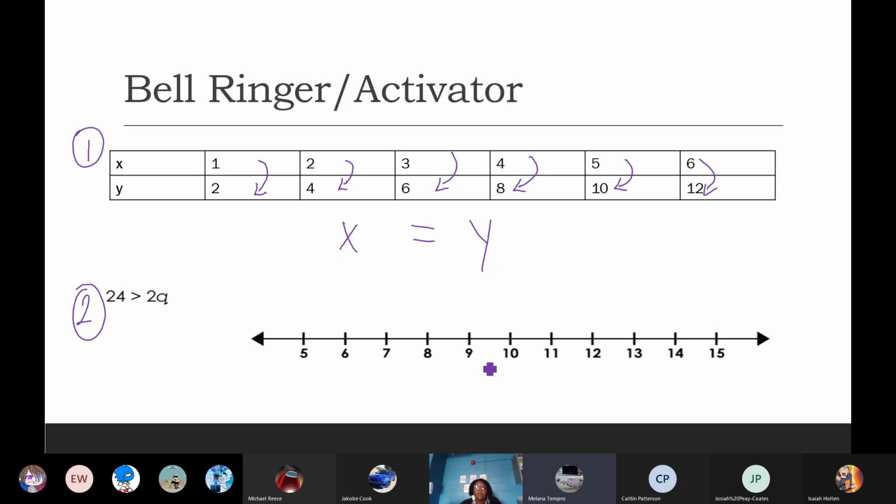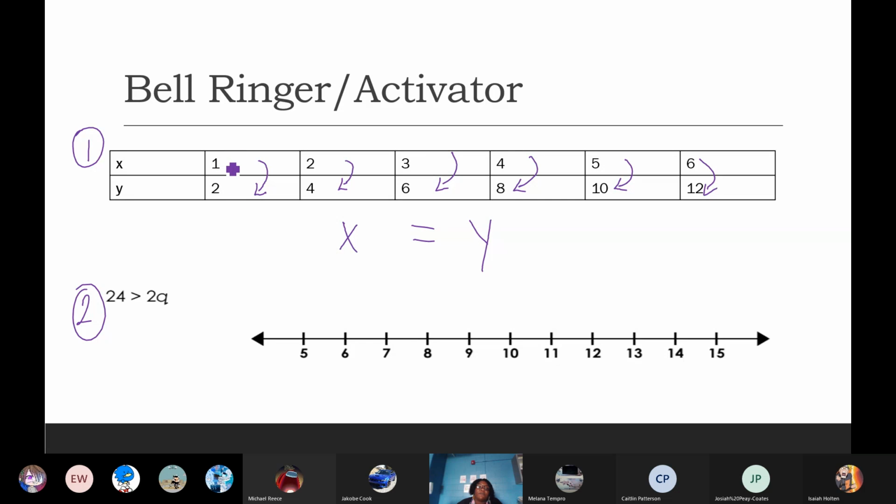Okay. So when we're looking here, thank you for that feedback, Milena. This top row is my X row, and this bottom row is my Y row. What we're doing is writing an equation that will explain how we get from this number in our X row to this number in our Y row.